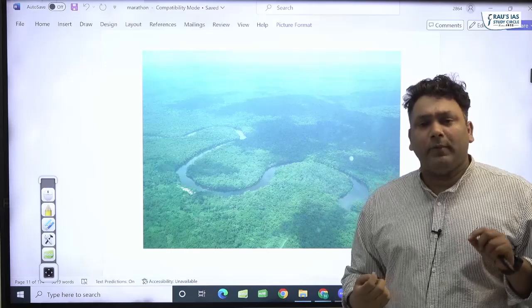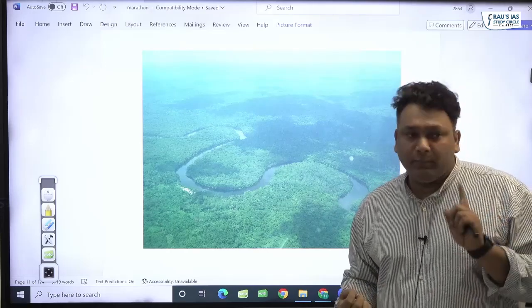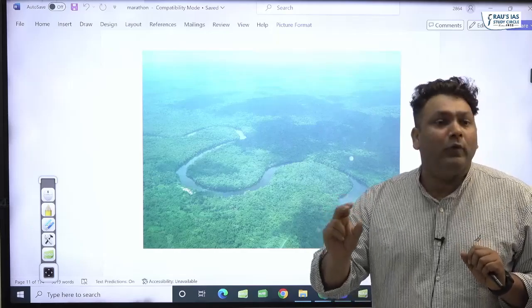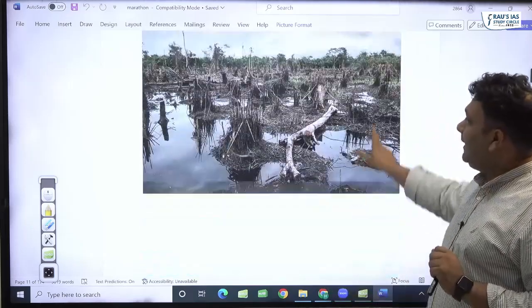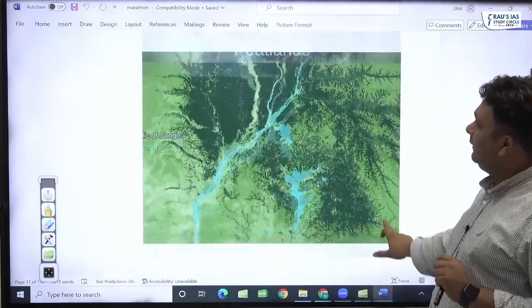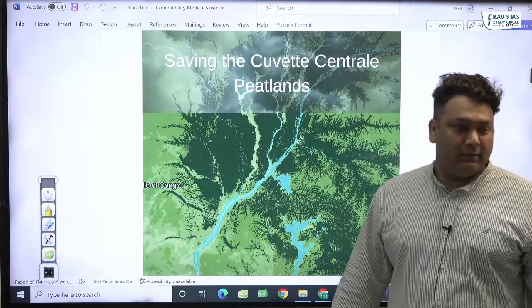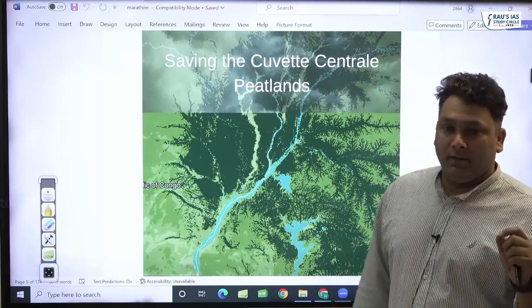When the carbon percentage increases to near about 40%, it is called peatland. Peat is a type of coal, inferior quality coal. And this peatland is called cuvette centrale. Write it down.